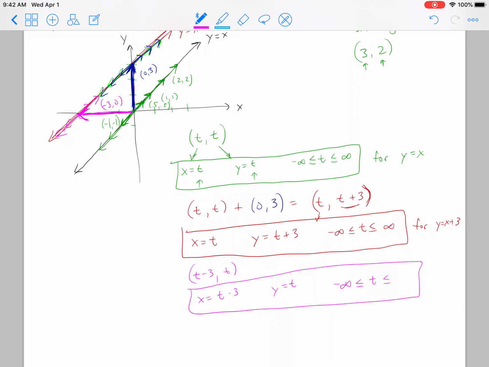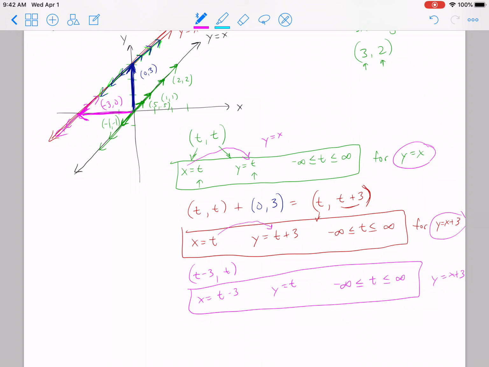So for example, if I look up there, and this is again y equals x plus 3. If I look up here and I say, hey, t is equal to x, that means I could substitute in for x into t and get y equals x, which is what we were trying to do there. And then over here, I could say, hey, x equals t. I could substitute that in, and I'd get y equals x plus 3.